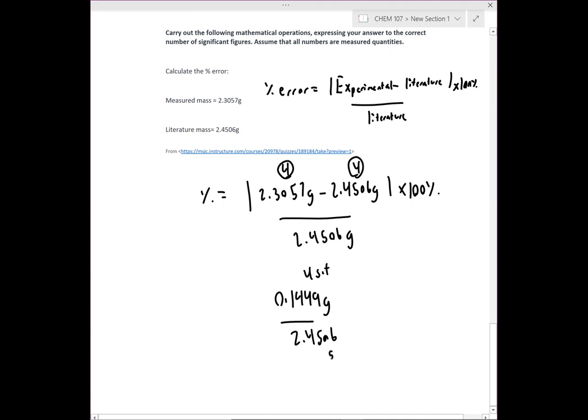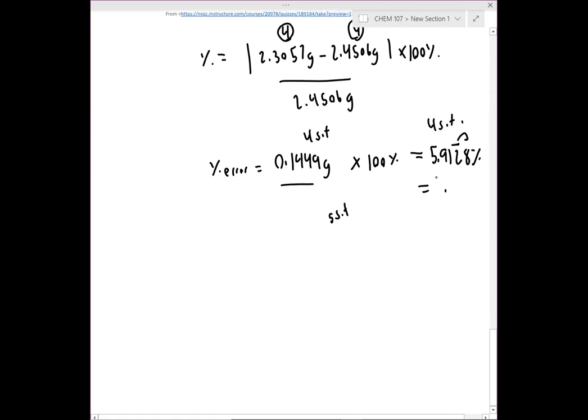Now we care about sig figs. Our top number has 4 sig figs. Our bottom number has 5 sig figs. So if we're calculating our percent error, our final answer should have 4 sig figs. That gives us a value of 5.9128%, which we round to 4 sig figs, which would be 5.913%.